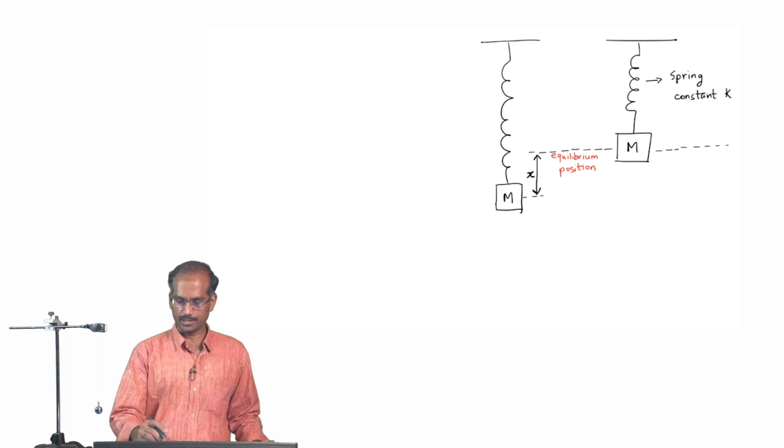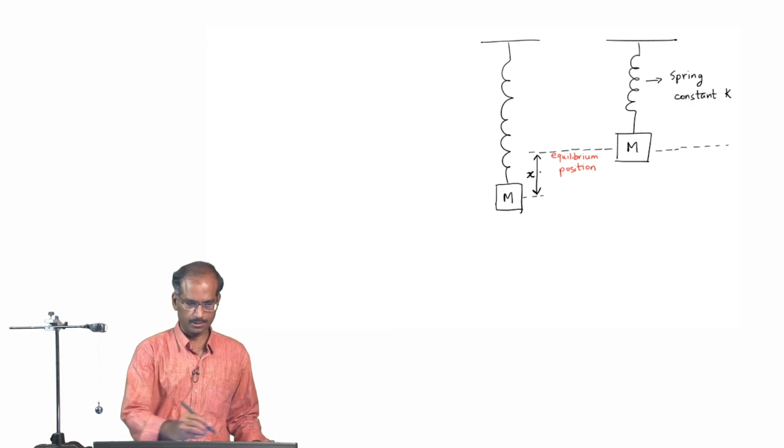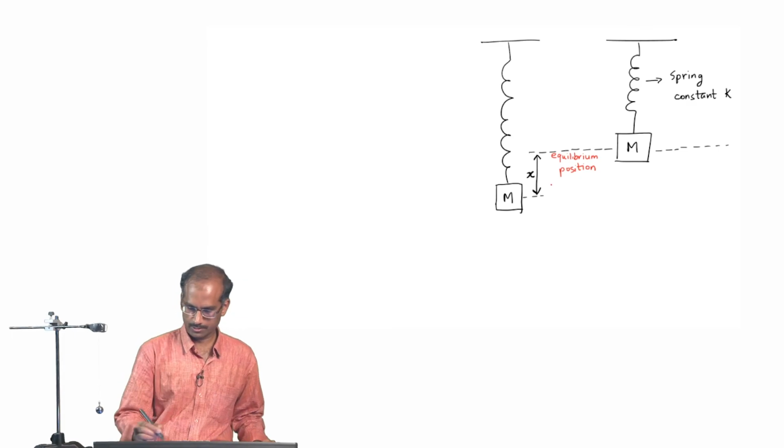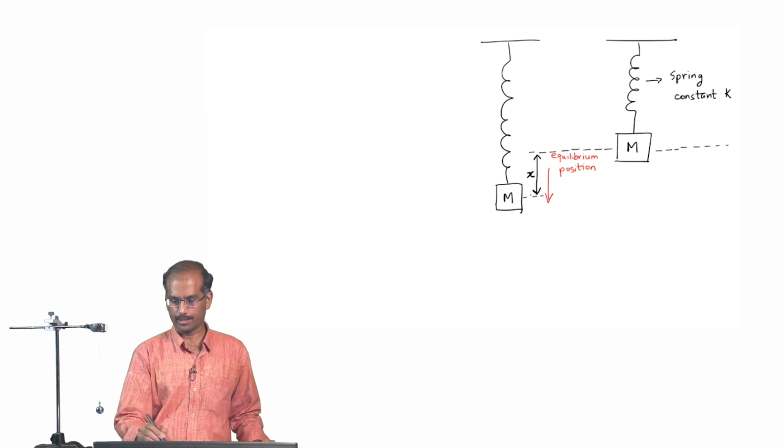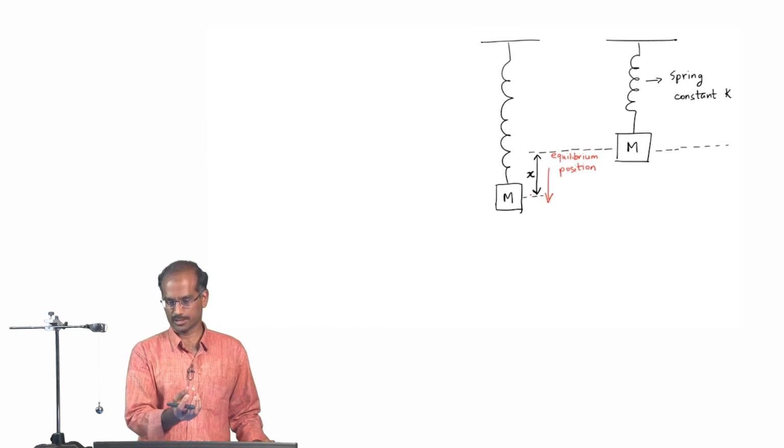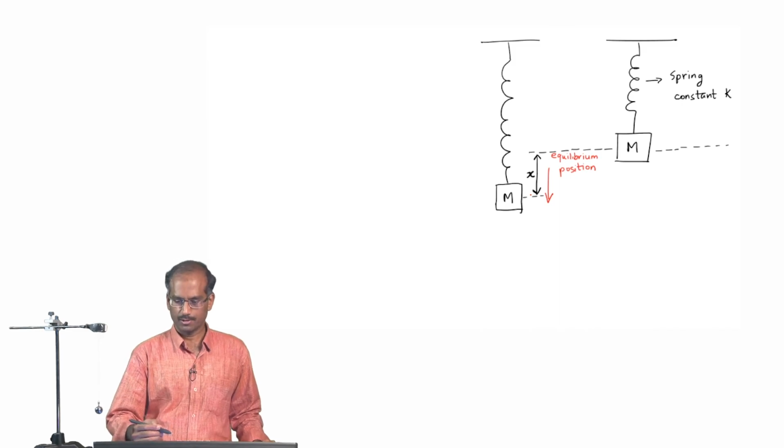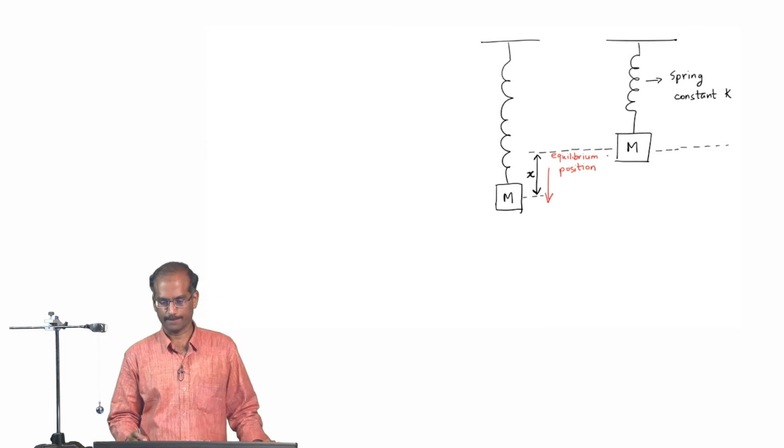And if I displace it a little bit in this direction by an amount x, the spring has expanded, and when this happens, there is going to be a restoring force which will take the block back to its equilibrium position. So, it will start oscillating.